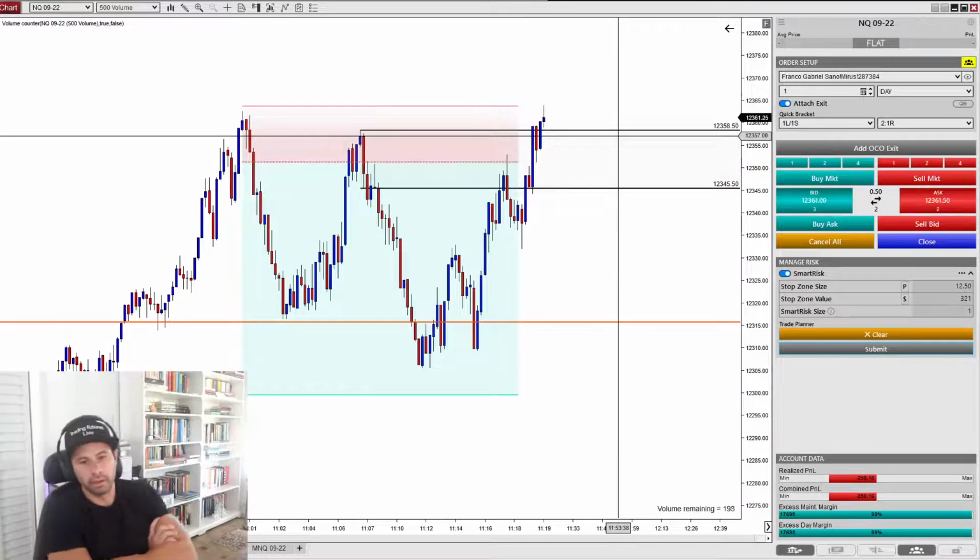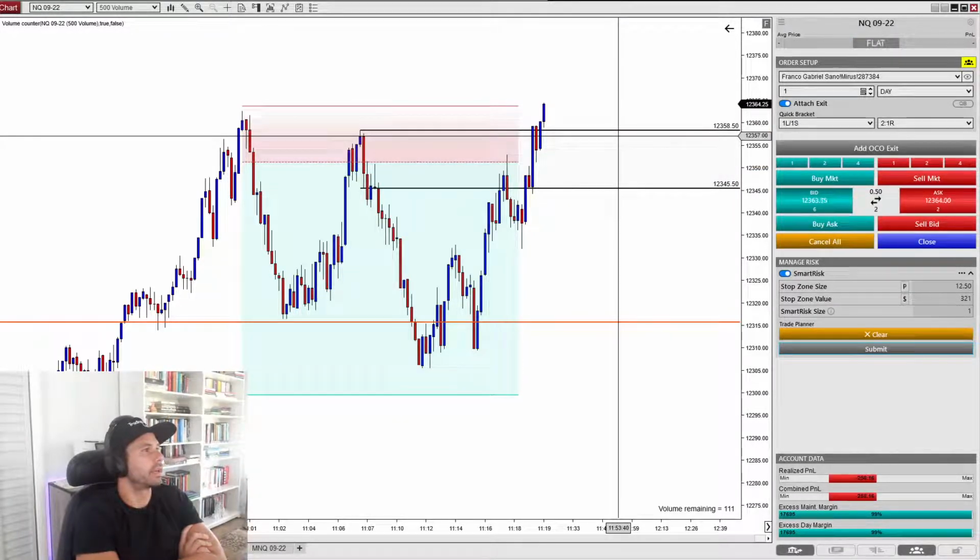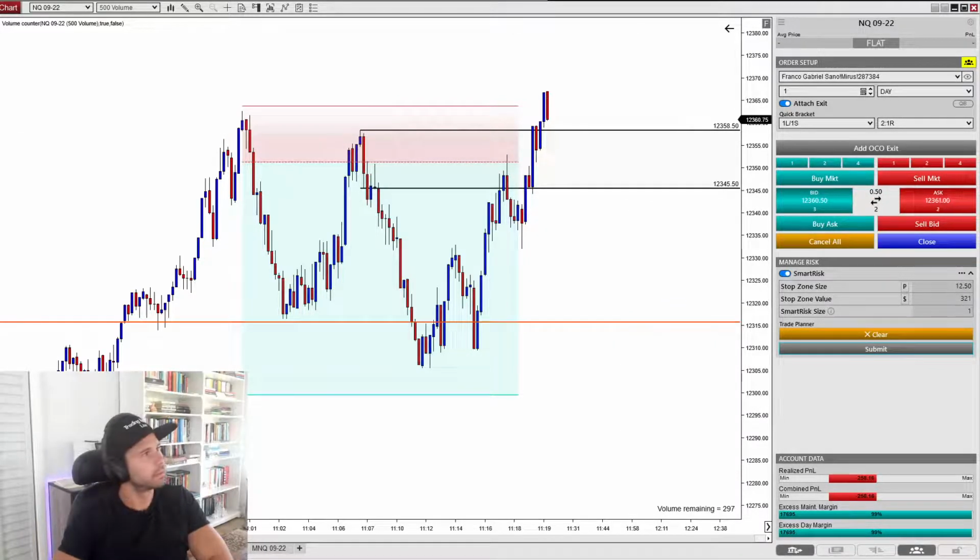All right, I got stopped out. What is going on here? I still have one trade on my second account. I need to close that. There's a computer error right here.